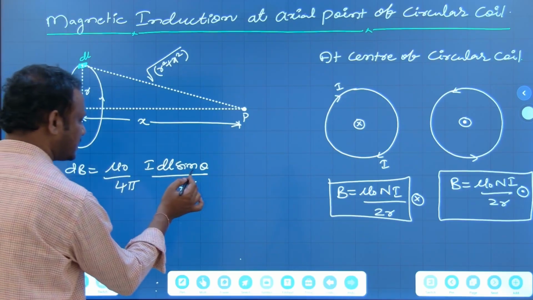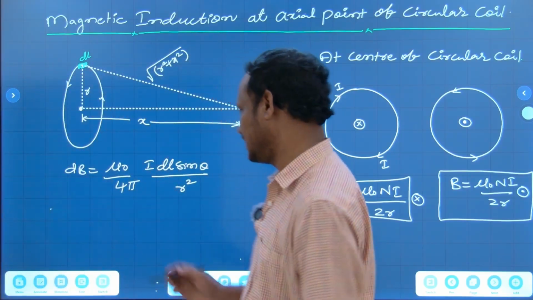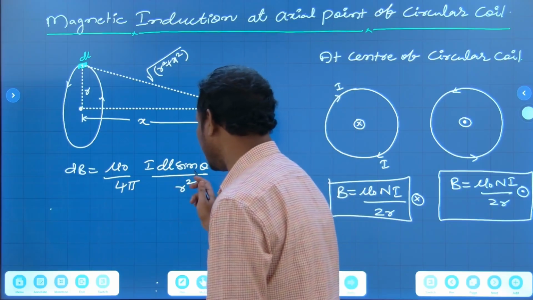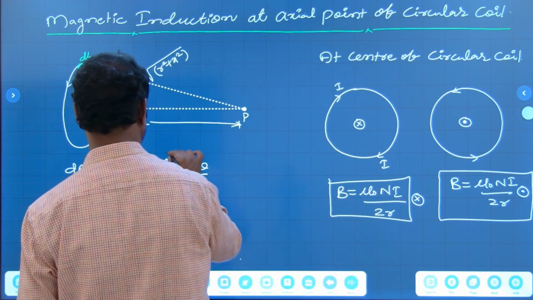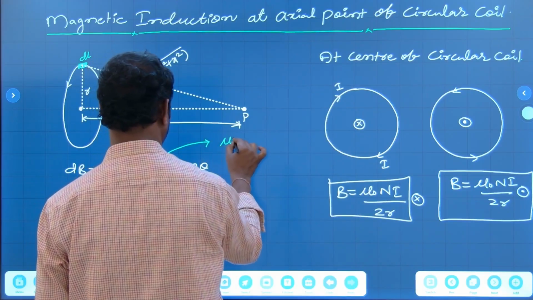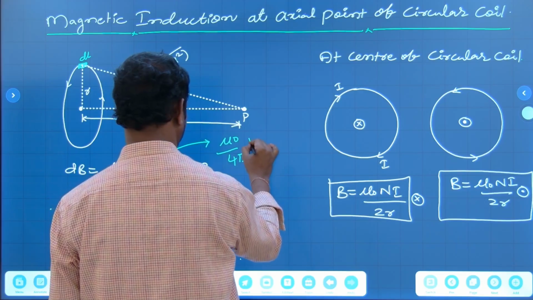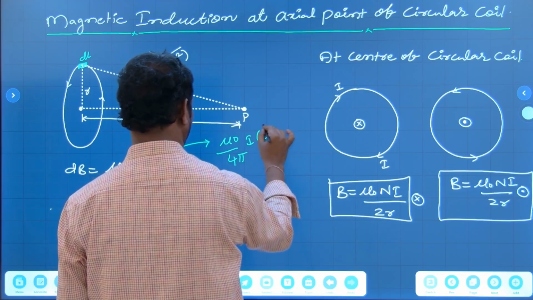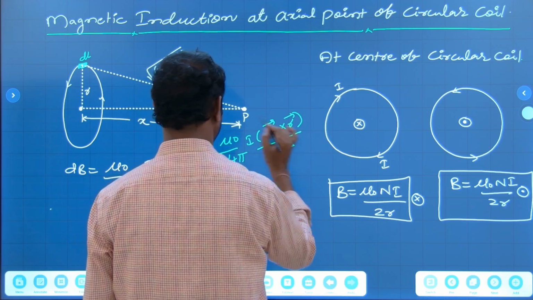Here sin theta is the angle between dl bar and r bar. In vectorial form, we write dB equals mu naught by 4 pi, I dl bar cross r bar by r cube.